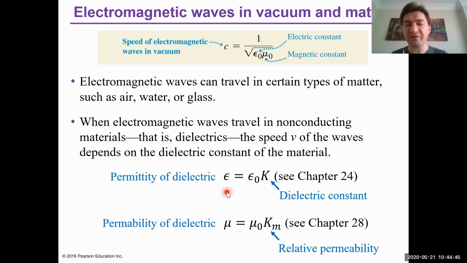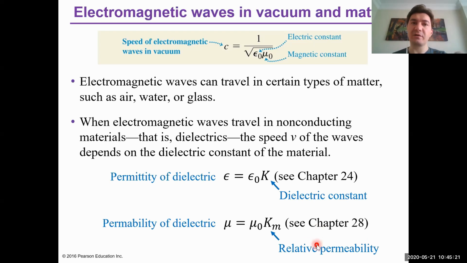These values change from one material to another, and this is the dielectric constant of a certain material. We have seen this one in chapter 24, and here we have Km, the relative permeability. This also changes for different materials, but it is usually around 1 for many materials. And we have also seen this one in chapter 28.